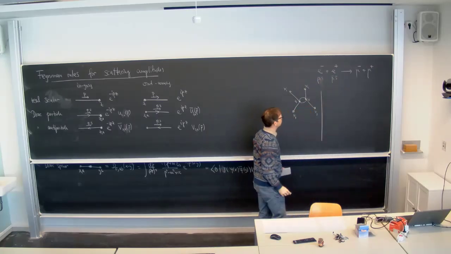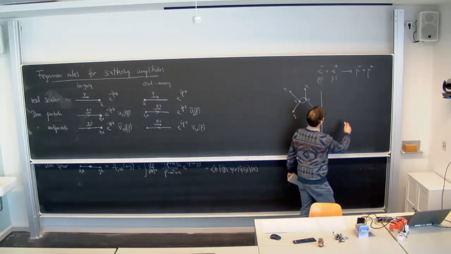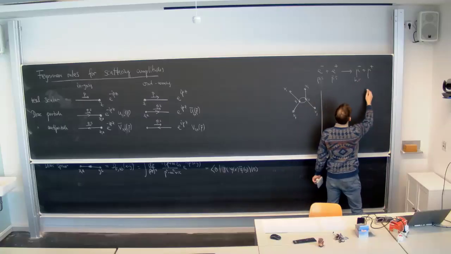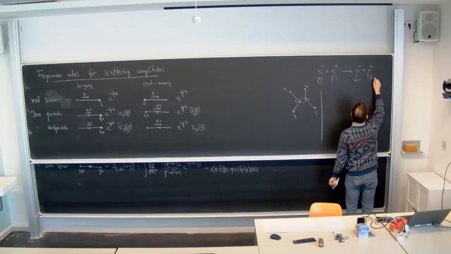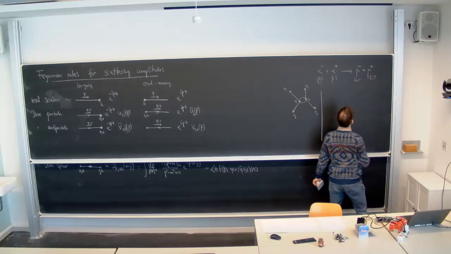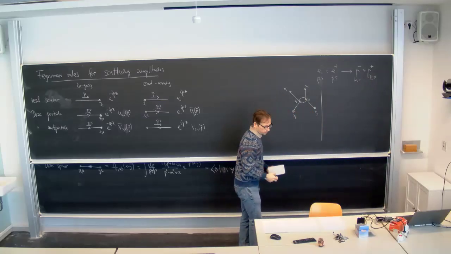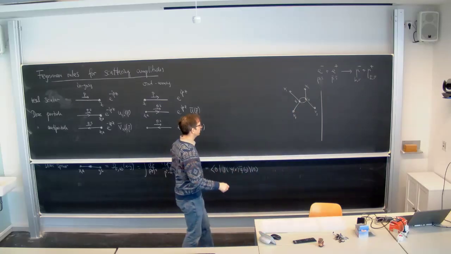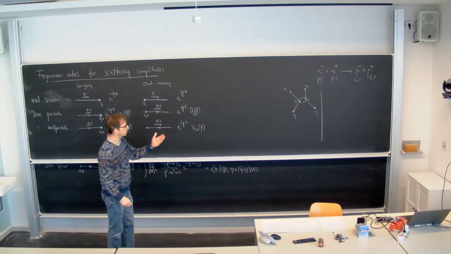And we ask what comes out. Can anything come out? I don't know. It comes out with K and R, so momentum K and spin R, and this one with K bar and R bar. And I want to compute this now in quantum field theory, in a specific theory, QED.